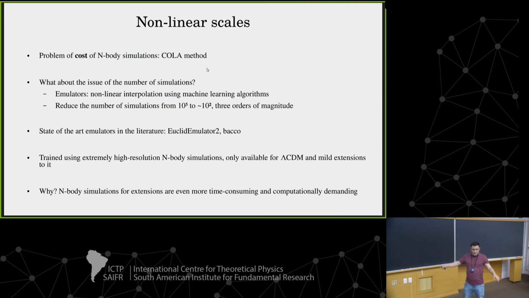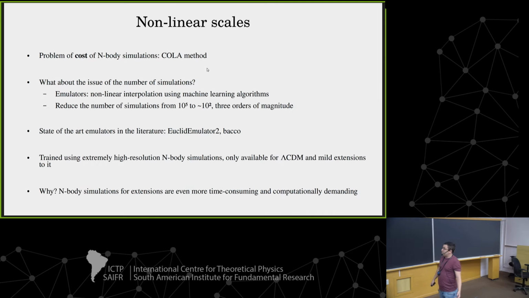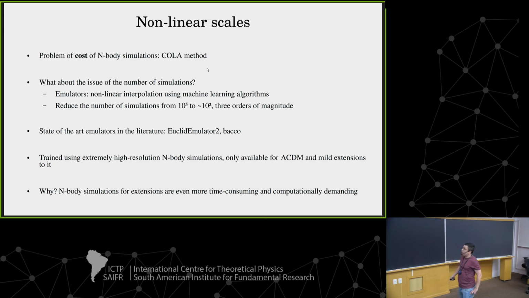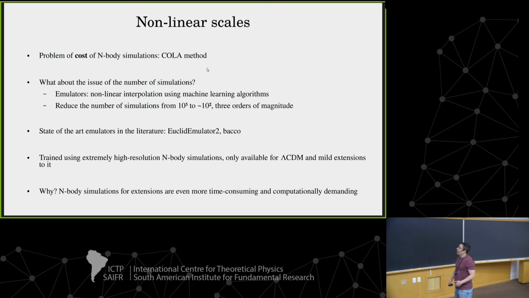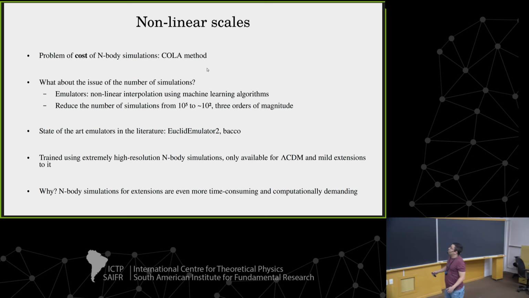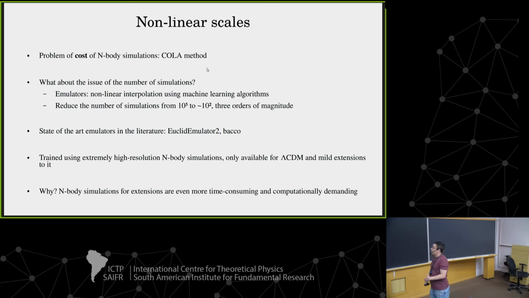And what about the problem of the cost of running N-body simulations? Like 10 to the 5 is still too much. That's where emulators come in to help us. They're basically just very strange nonlinear interpolation schemes that use machine learning algorithms to speed things up. We can reduce the number of simulations from 10 to the 5 to 10 to the 2, 3 orders of magnitude.